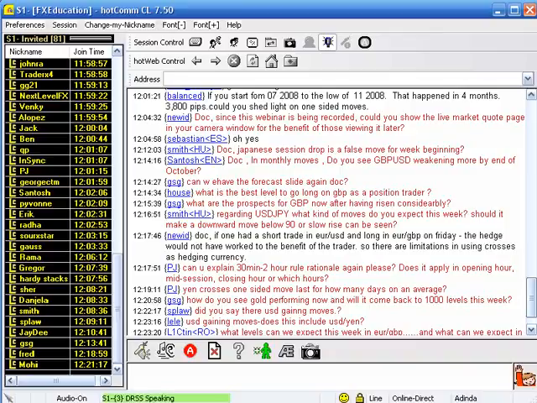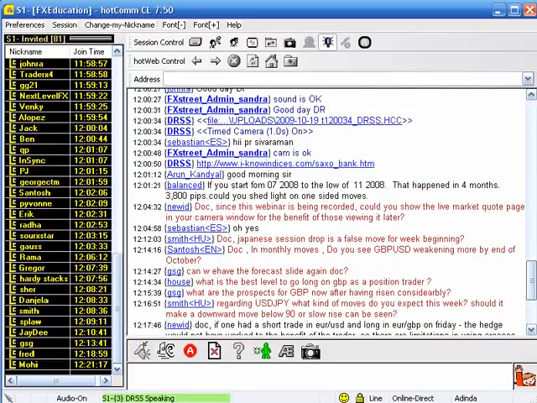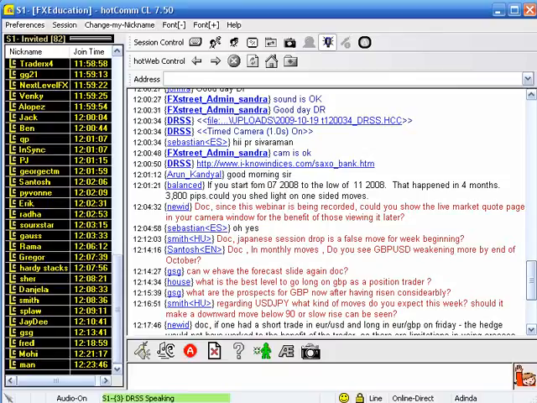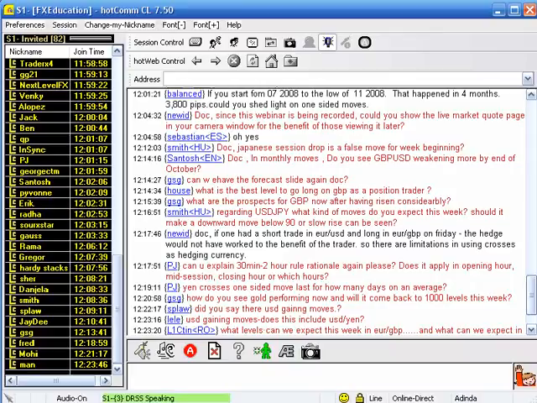Okay, there are some personal questions before that. Since the webinar is being recorded, could you show the live market quote page on your camera? See, the live market quote page is actually running on applets, and I noticed earlier that it is not being displayed.